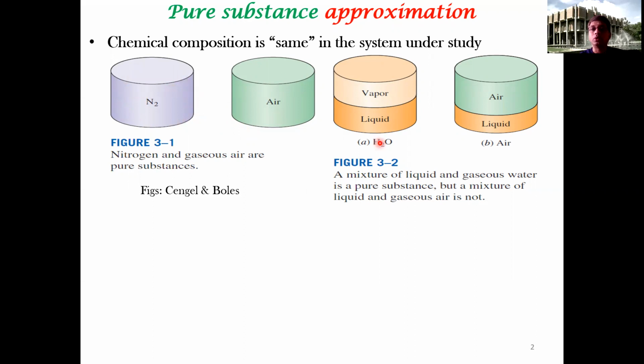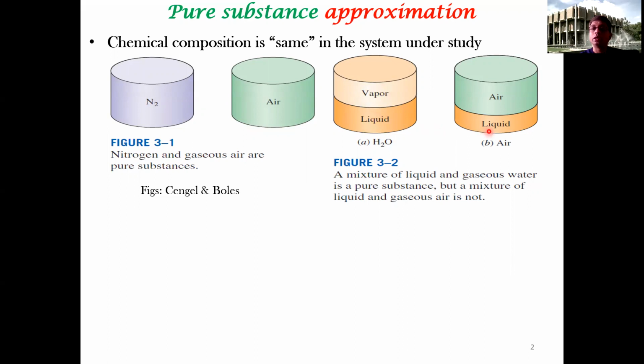However, when you go to this system, for example, the chemical composition is H2O in the liquid phase, and in the vapor phase the chemical composition is still H2O. So this is a pure substance.